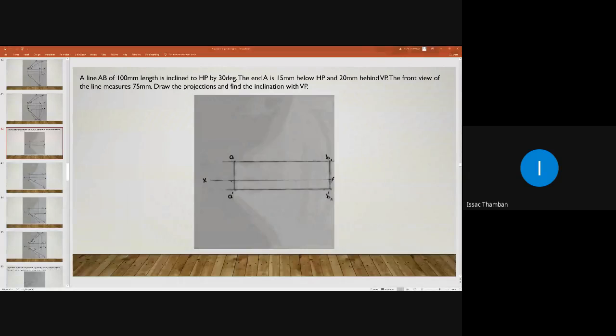Next person. Muhammad Rasi. Point A is located in which quadrant? Third quadrant.